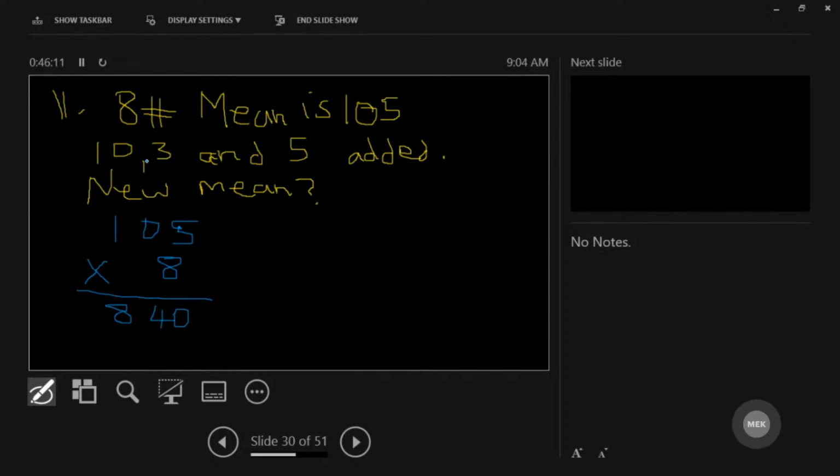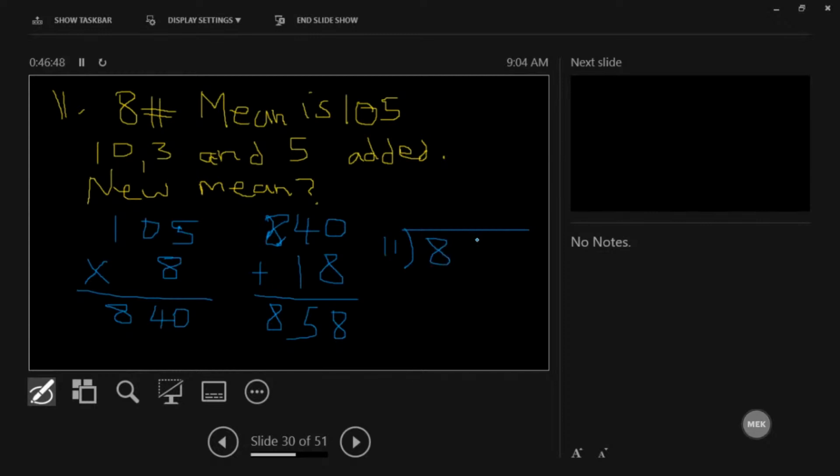Now we're adding these to it. So the 840 plus 10 plus 3, 13 plus 5, 18. So the 840 plus 18, that's gonna give 858. So the new mean, it was 8 numbers, we add 3 more numbers, so we divide now by 11.